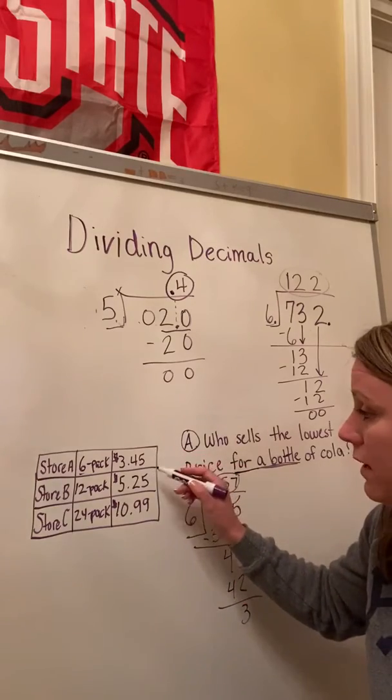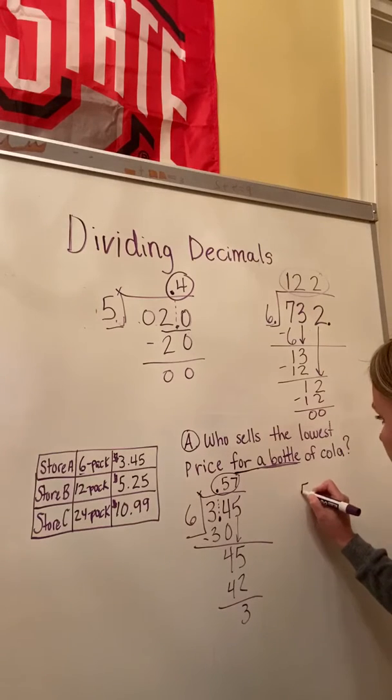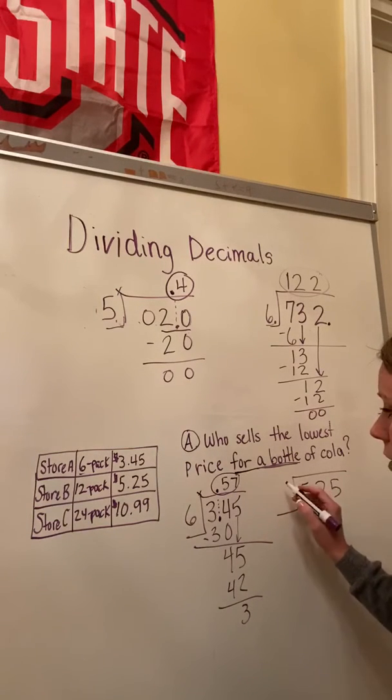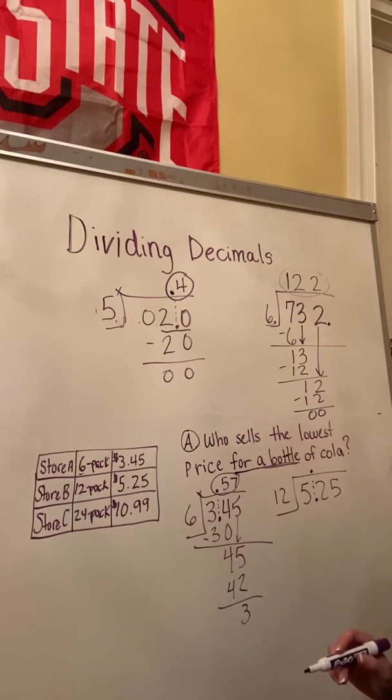We are going to have to figure out the price per bottle for each of these, and then decide which is the lowest. So this one is a 12-pack, of course. Bring the decimal up, bring it to the roof.